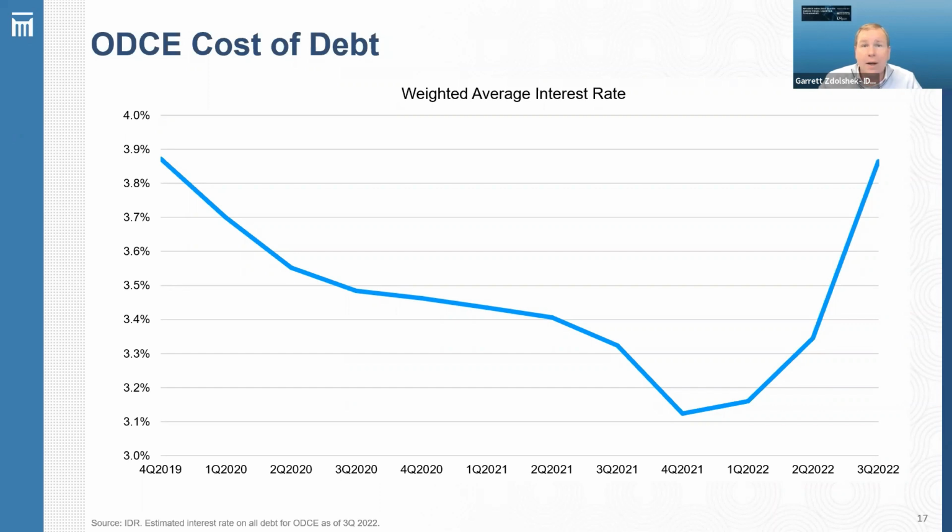Here's the cost of debt, like I mentioned. The cap rates went down through 2021 into early 2022 because cost of debt moved almost 100 basis points. That was meaningful cash flow availability to investors. And again, you can see how quickly that's moved back up to right where we were pre-COVID.